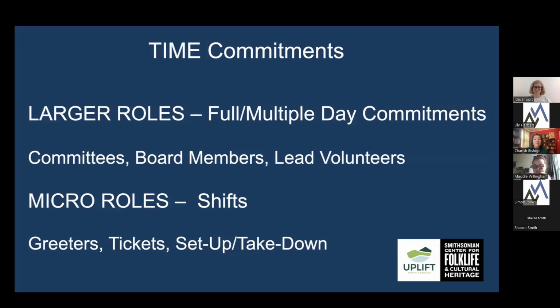And then we have micro roles, and this is where we break it down into shifts, right? So there are shifts during the day, and depending on how long your event lasts, you can choose the time block. Typically, with our Smithsonian Festival, because it's full day, we break it down into about 4 hour shifts, right?